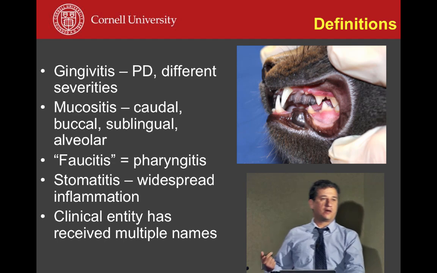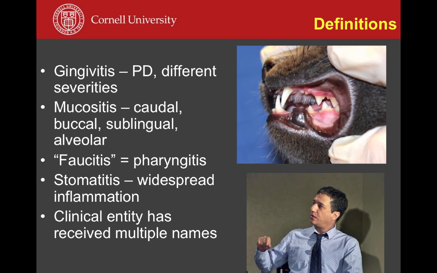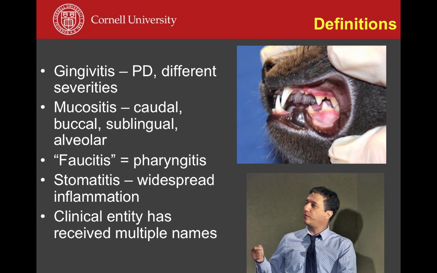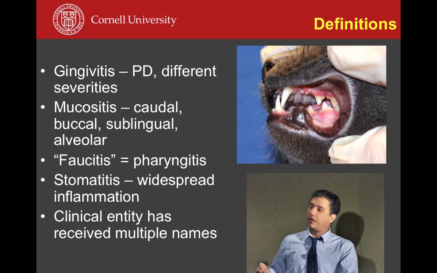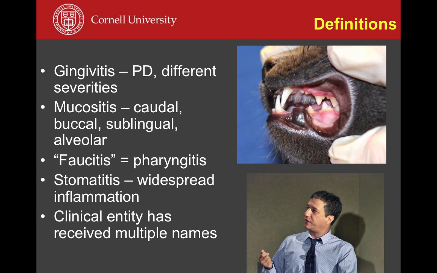Gingivitis, if you were here during the last talk, we defined as inflammation of the gingiva, and typically this is a term that applies to periodontal disease. There are different grades or severity or stages of gingivitis, but it's typically a purely dental or periodontal problem.